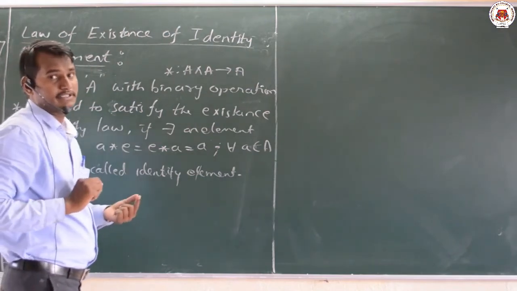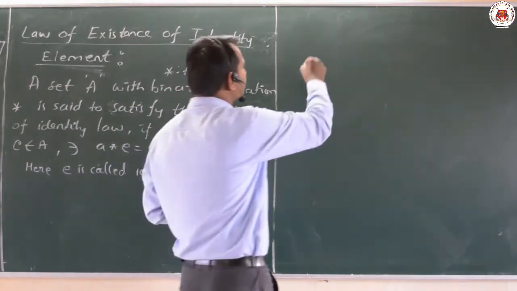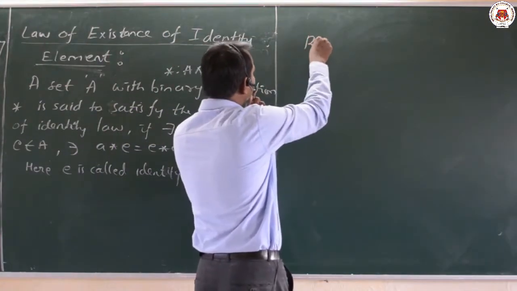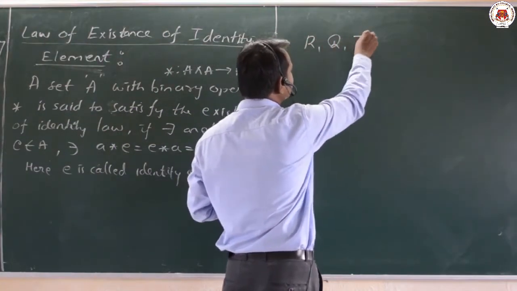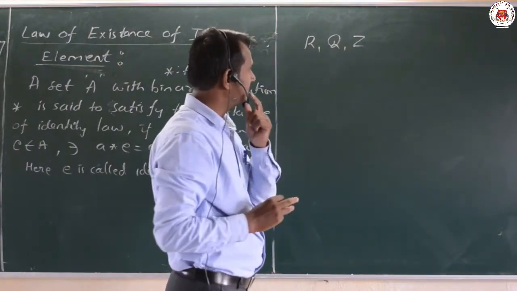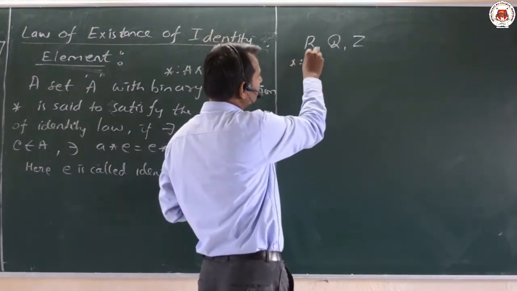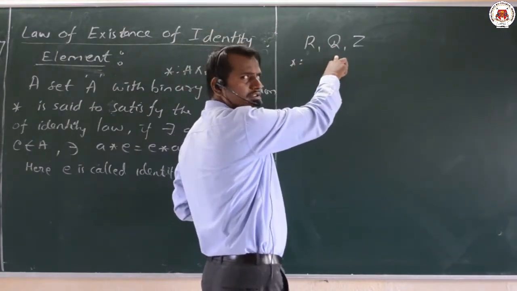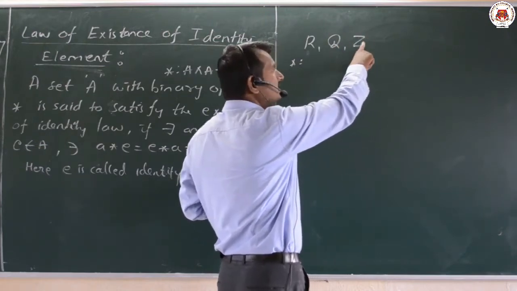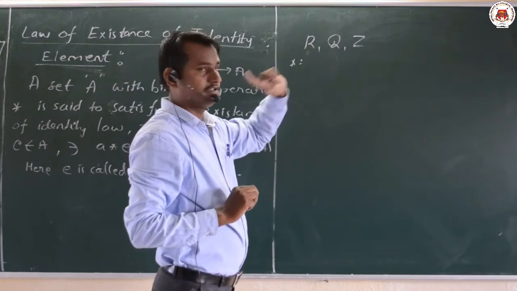Now how to observe here? Let us take a few examples related to this one. Now let us take the set of all real numbers, then rational numbers as well as the integers. Real numbers, rational numbers and integers. Now here you can take the binary operation star from R cross R to R, or Q cross Q to Q, or Z cross Z to Z. Star be the binary operation on all those three.